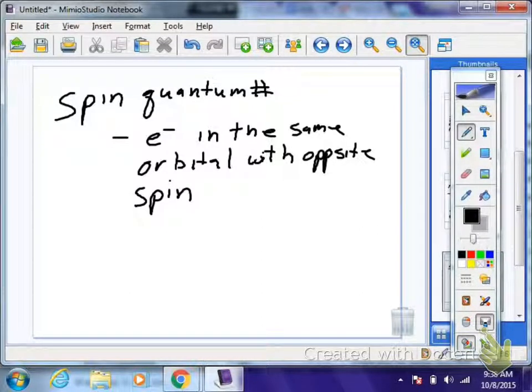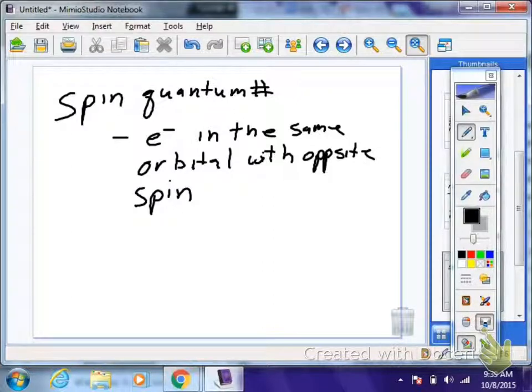And the reason why is because when we talk about spin, it's like spinning a top, clockwise or counterclockwise, like spinning a basketball. That's an internal spin. And they can coexist in the same space if they have opposite spins. If they have the same spin, it's not going to work. They're going to repel each other. Opposite spins allows kind of what's called a magnetic property to allow them to coexist in the same small space. Okay? Any questions that you have?